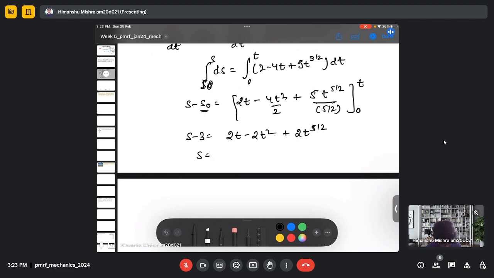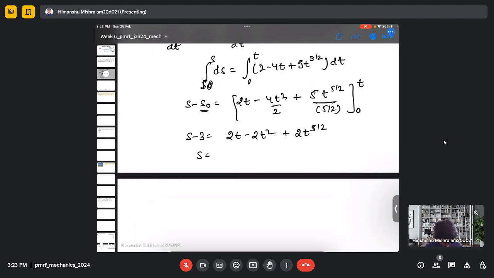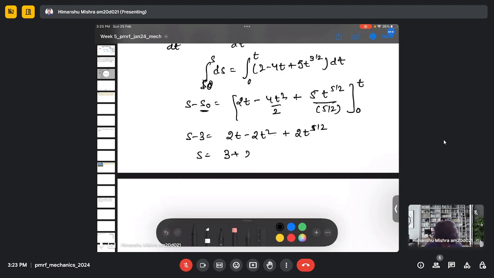So my s will be 3 plus 2 multiply 3 minus 2 multiply 3 square plus 2 3 to the power 5 by 2.